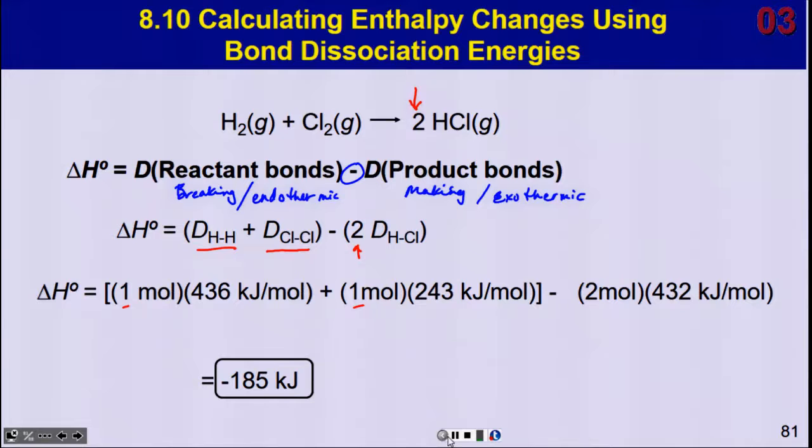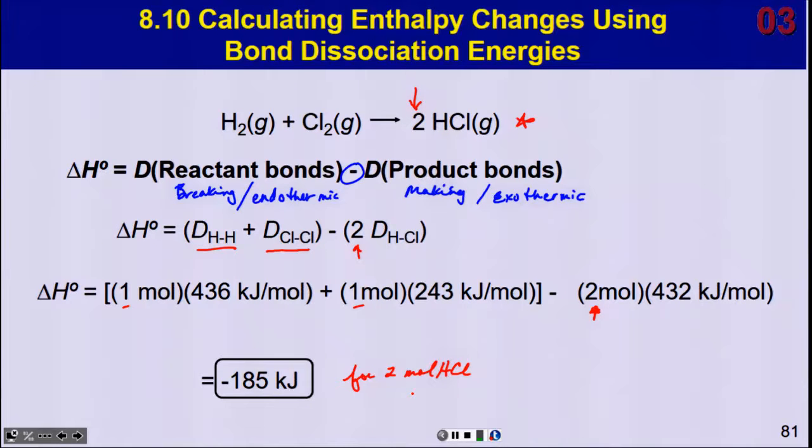And from that, we subtract twice the value of the HCl bond energy. Again, it's arithmetic. Put it together carefully. We come up with a value: minus 185 kilojoules for this reaction of making 2 moles of HCl. Be careful that you see what it is in this reaction.